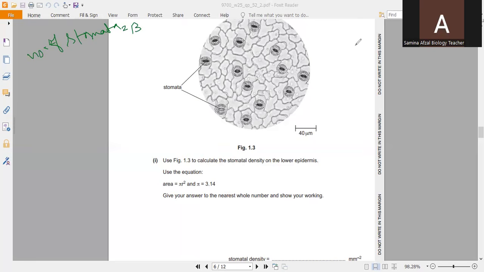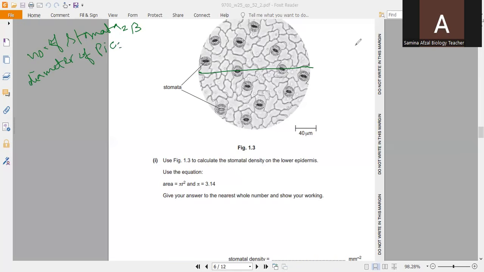And then they have given us the diameter of this picture. We have to find out the diameter of the picture, which you can calculate by yourself, because it would be different on your question paper. So the calculation will be different.